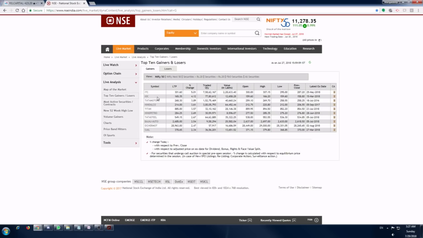So one thing to remember here is you are not taking your trades depending on the listings here. You take your trades depending on your technicals. Let's say, for example, ITC at 11 o'clock in the morning comes up in the top gainers. Will you blindly take a long position in ITC? The simple answer is no. You have to compare your technicals.